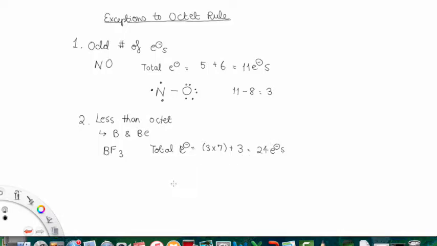Now let's draw the connections, BF3, and then add octets to the outer atoms. 1, 2, 3, 4, 5, 6, 7, 8, 9, 10, 11, 12, 13, 14, 15, 16, 17, 18. And then there's 19, 20, 21, 22, 23, 24 in the bonds.